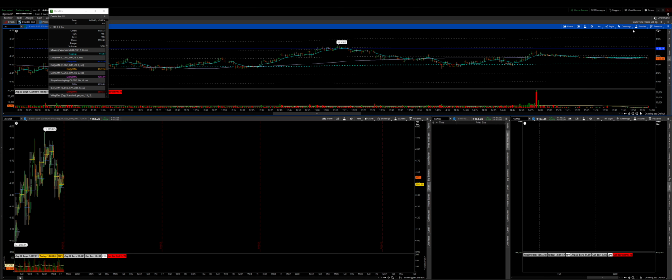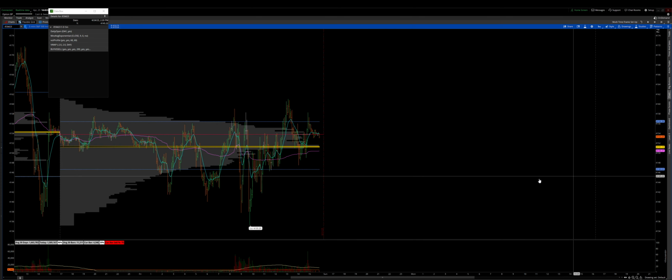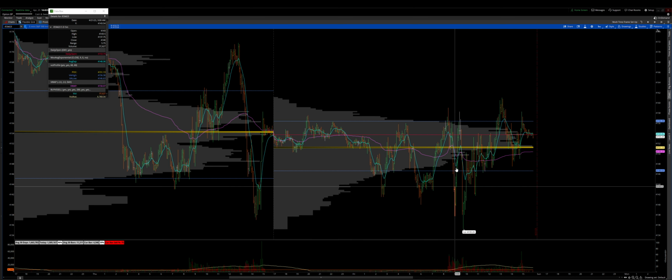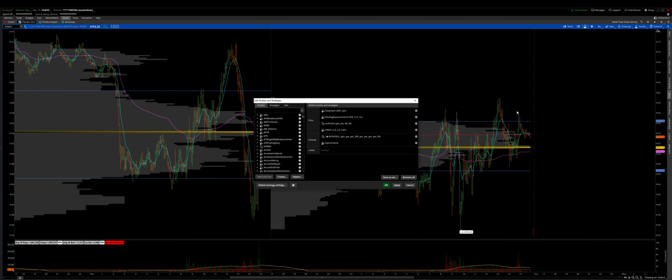Now, another one that I have set up is my 5 minute. We'll go ahead and look at that. Same concept, this one's just a little bit different. Same setup, just a little less. I keep my 9 EMA on the 5 as well. And then I have my VWAP on here.